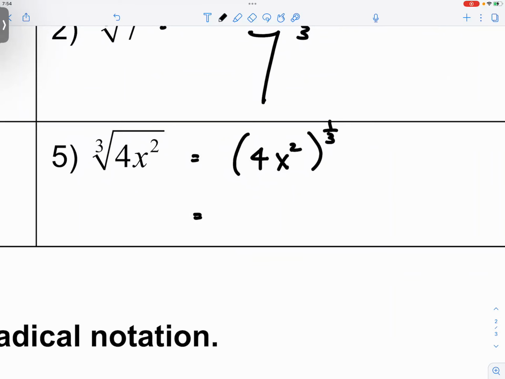You look at the 4, you look at the x squared. You see anything special right there? 4, x squared, they're both squared terms, right? So what you can do, okay, let me show you the steps right here. What you can do is this, right? 2x times 2x, 4x squared.